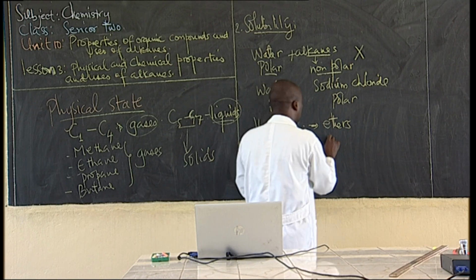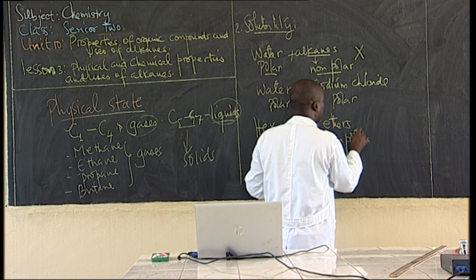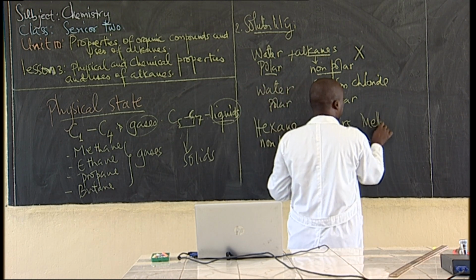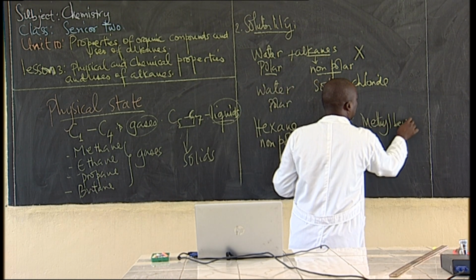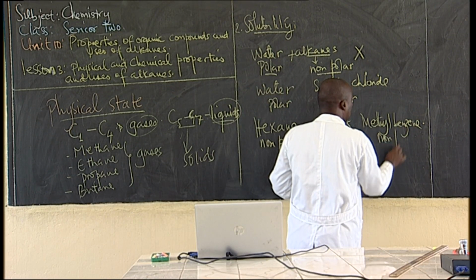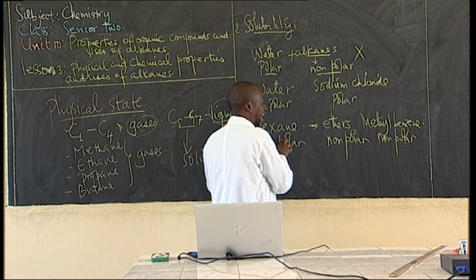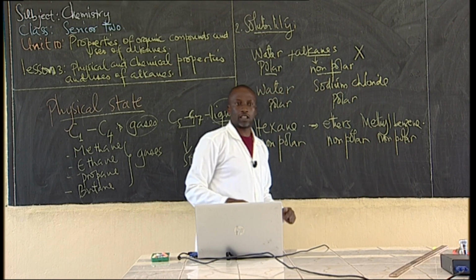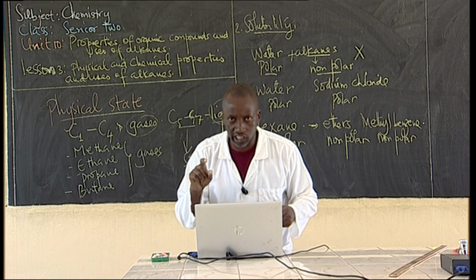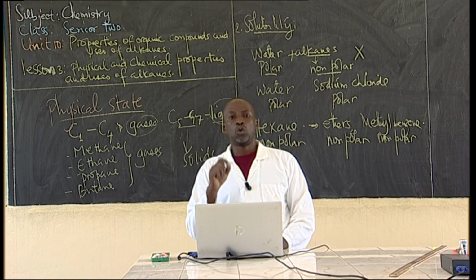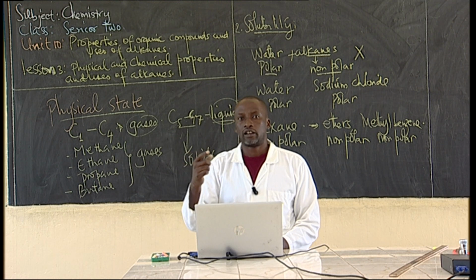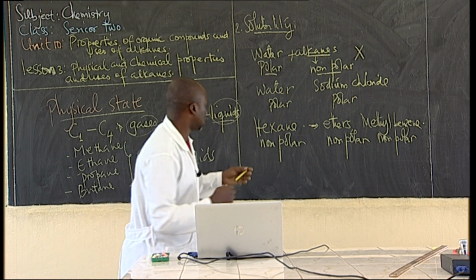We may have methylbenzene, which is another example of non-polar molecules. That is how the rule operates. So organic compounds, alkanes in particular, do not dissolve in water, but dissolve in other non-polar molecules.